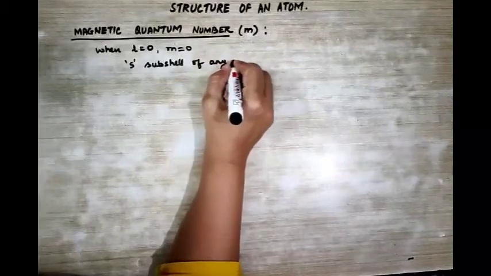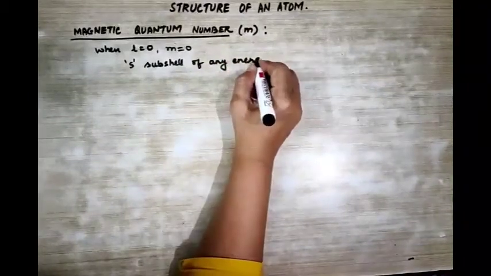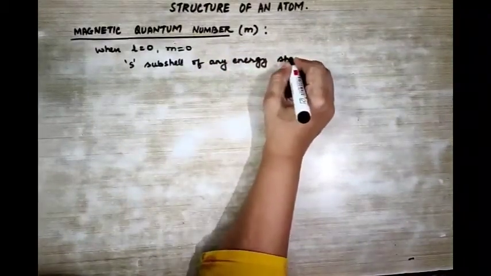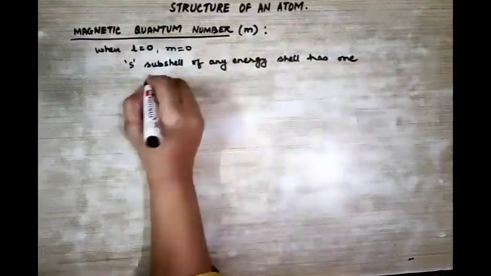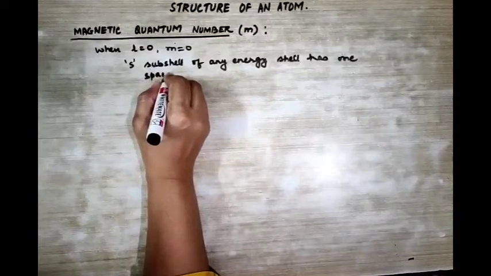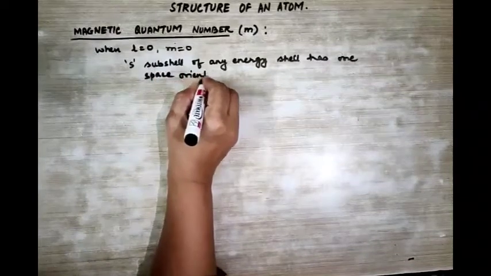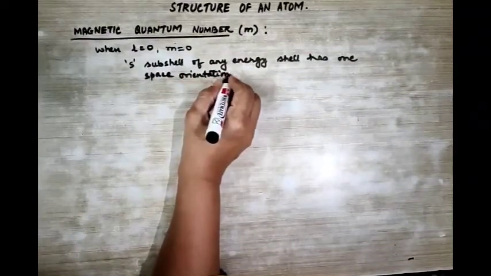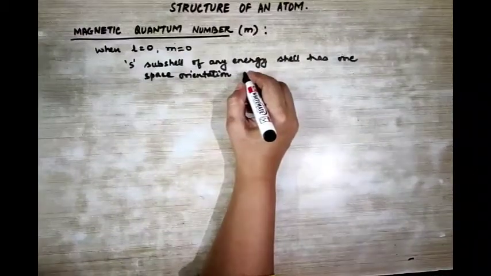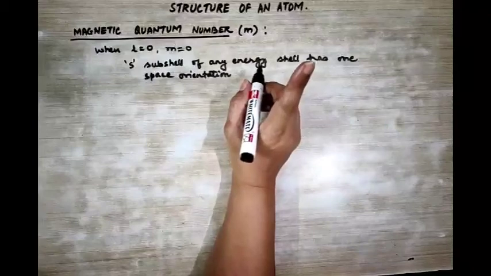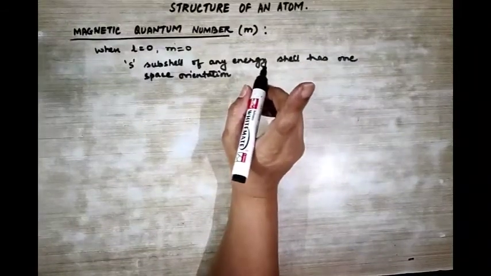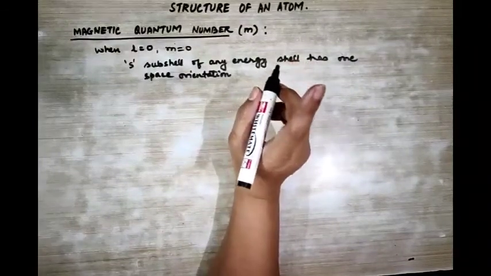And hence it can be arranged in space only in one way. Which one? Along the x, y or z axis.